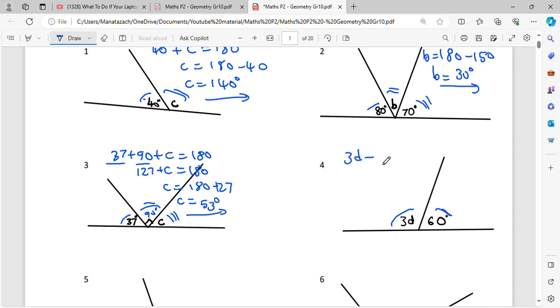So it's 3D plus 60 is 180. So D is equal to 40 degrees.